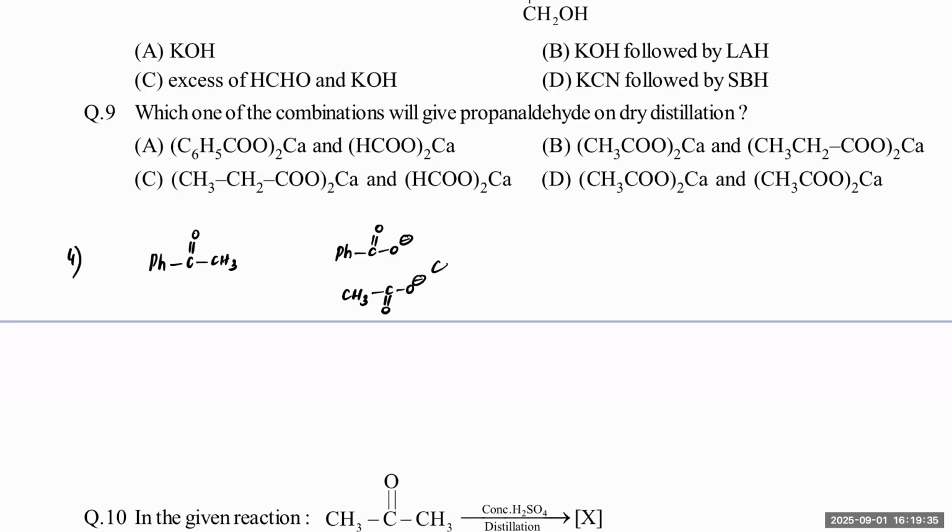So, like this. And then on dry distillation, on heating, you will notice carbon dioxide from here, calcium oxide from here will completely dehydrate. So as it dehydrates, what are we left with? Ph C double bond O CH3 plus CaCO3.